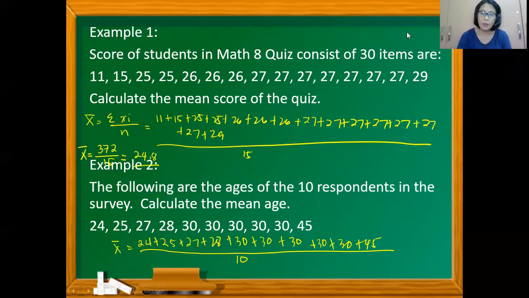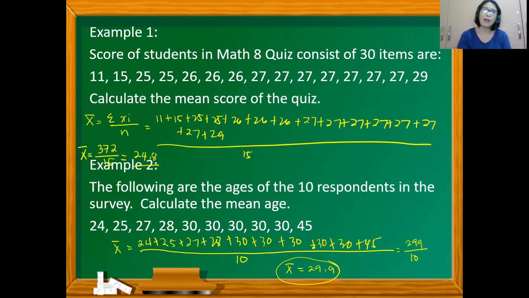So the sum in the numerator equals 299, and we will divide that by 10. So the mean age of the 10 respondents is 29.9. So that's how we calculate the mean.